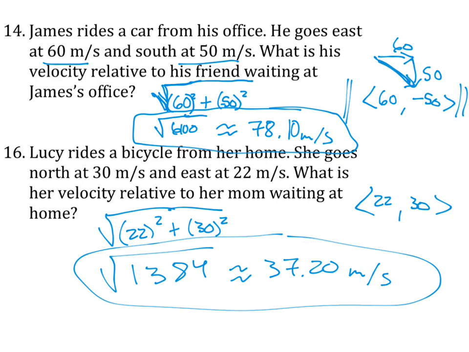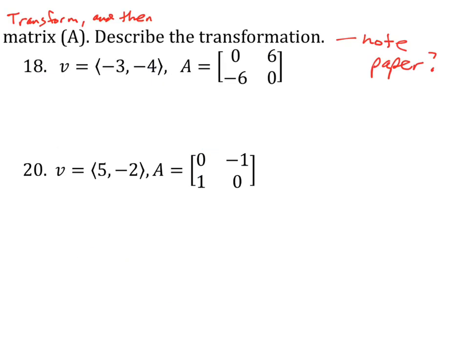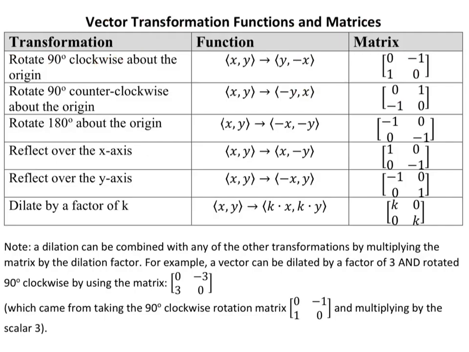Alright, so now we got our last section here, which is about transformations using matrices. So you can take a vector and transform it using a matrix. And to do this, I highly recommend that you have your note paper handy, which, if you're wondering what that looks like, it looks like this. This is in the module on vector transformations. You just pull up those notes, and that's what this is.